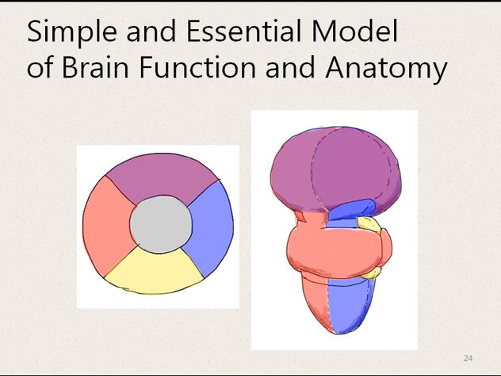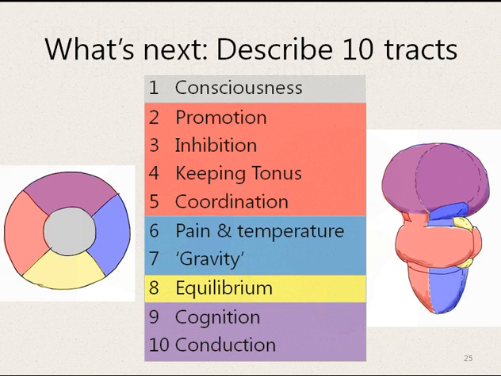Now we got how the brain came to have 5 functions and how they correlate with structures imaginarily and essentially. For clinical application, we are to describe tracts of 10 important functions in 5 functional categories on this anatomical model.